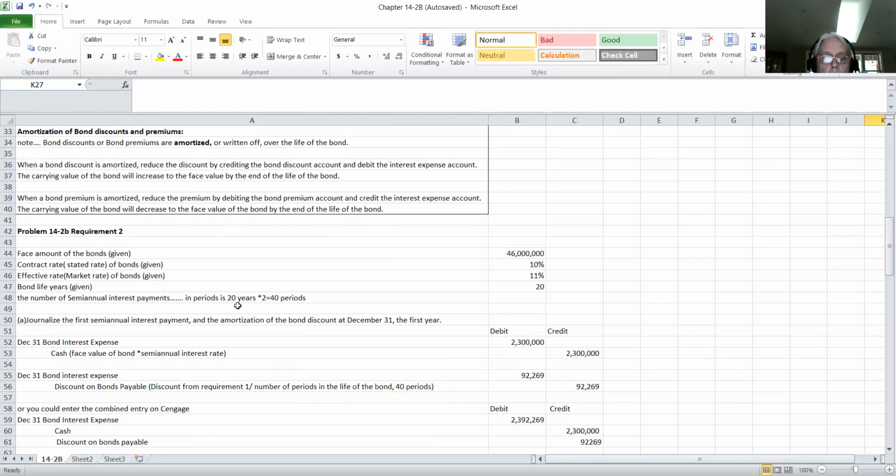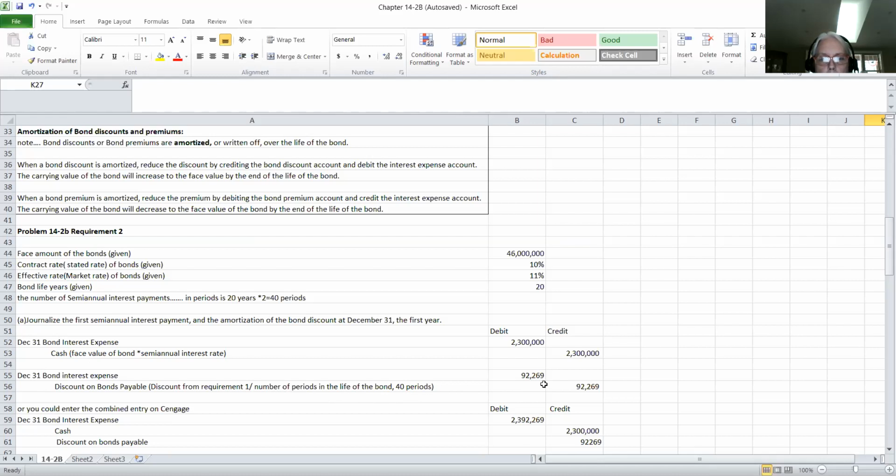The life of the bond was actually 20 years, but since we pay interest semi-annually, and since December 31st is 6 months from July 1st, our first amortization entry would be for a half a year. The total amount of the discount would be divided by the number of periods in the life of the bond, which in this case is 40 periods.